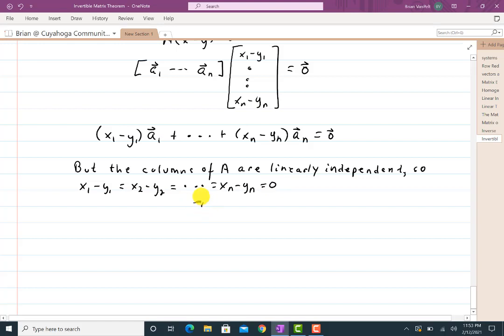And all of this proves that X1 equals Y1, X2 equals Y2, ... Xn equals Yn.